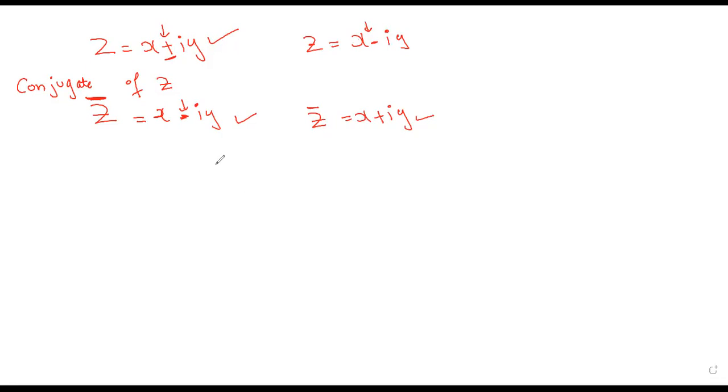And then the final thing is that if this is z, if this is z conjugate, what if I talk about the conjugate of z conjugate, right? So this is my z conjugate, that is x minus iota y, and the conjugate will be of plus.